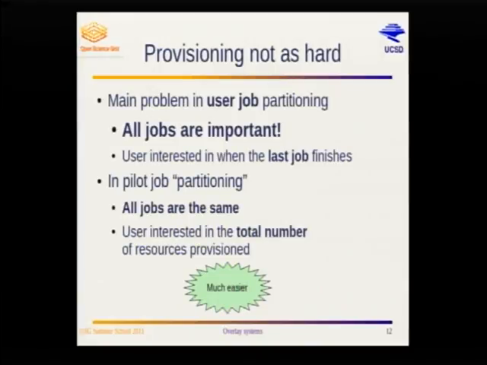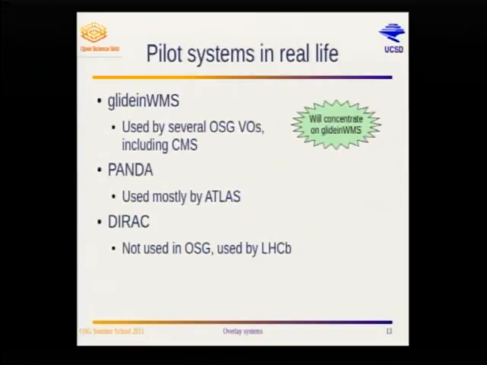They will run eventually somewhere else. So the problem of pilots is much easier than the problem of the user jobs when you have to distribute it over a large number of sites. So moving the grid submission to the pilots and hiding it from the users actually makes life much, much easier for everybody.